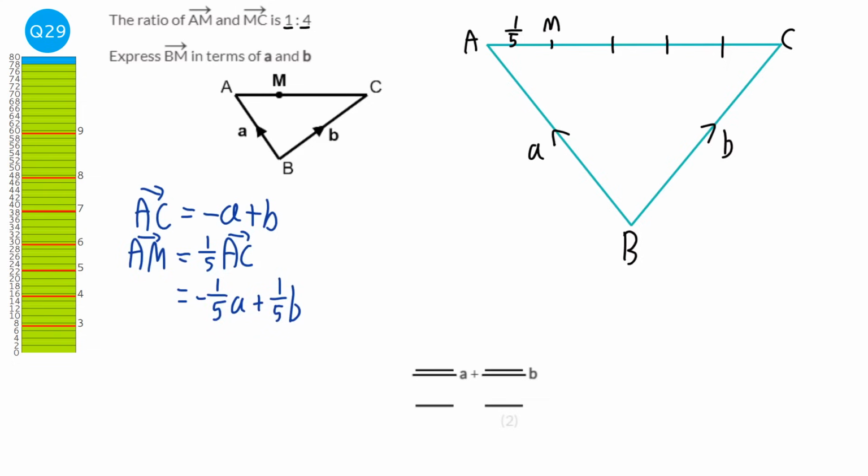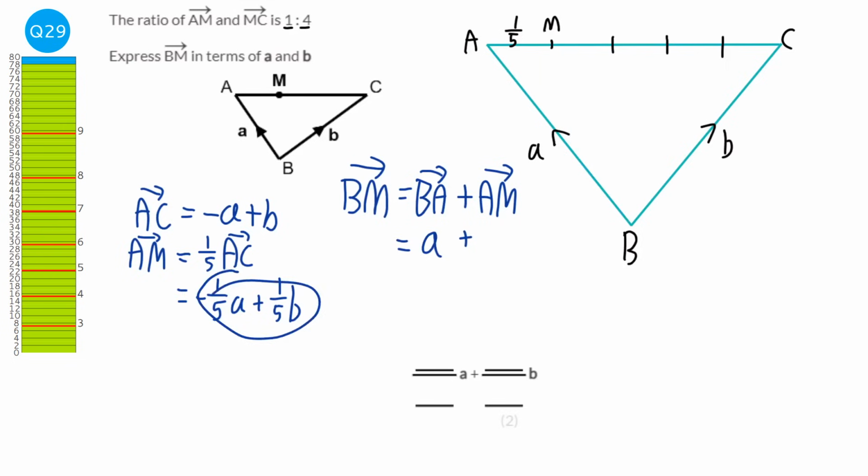Now we're asked for the vector B to M, and we know that that's going to be B to A plus A to M. We know B to A because it's labelled, it's just A. And we know A to M because we've worked it out down here.